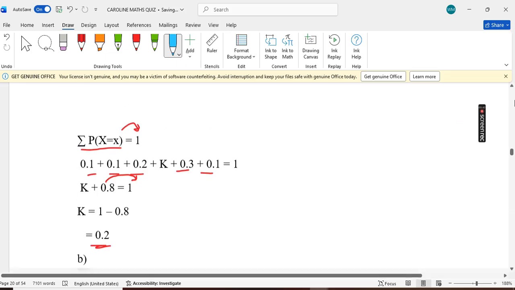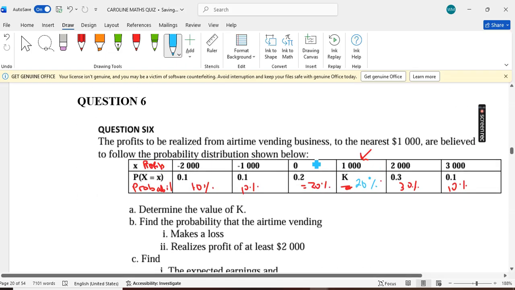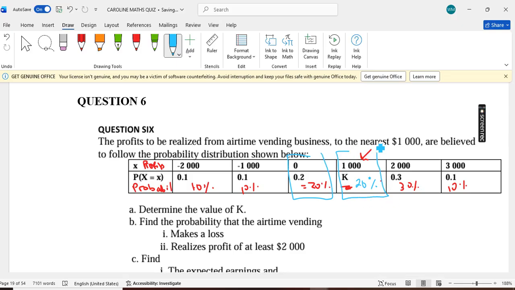You cannot include the probability of breaking even, or the probabilities of a profit. You only want the probability of making a loss, whether negative 2,000 or negative 1,000. So basically we're just adding these two probabilities, 0.1 plus 0.1.